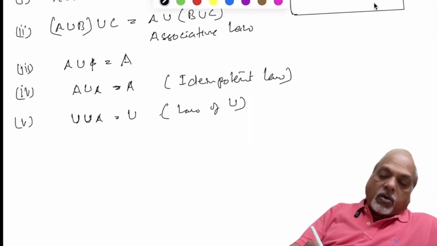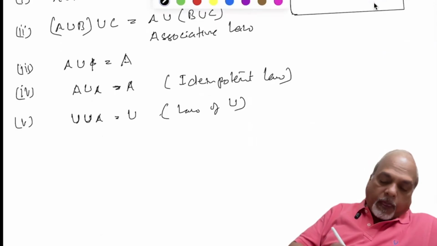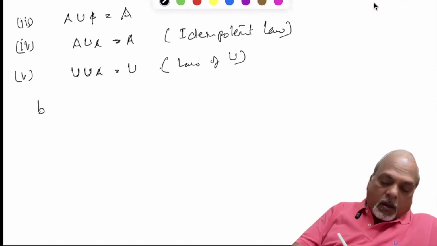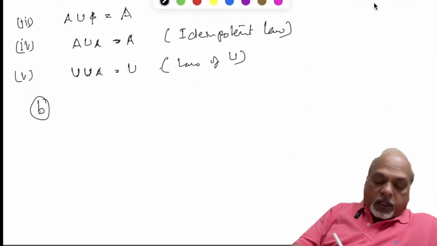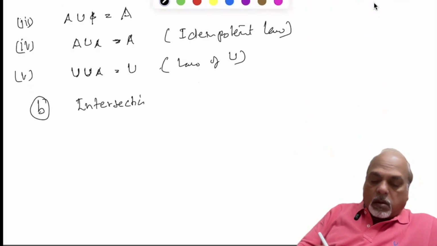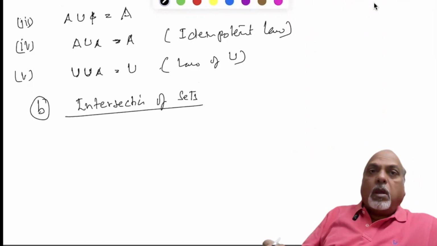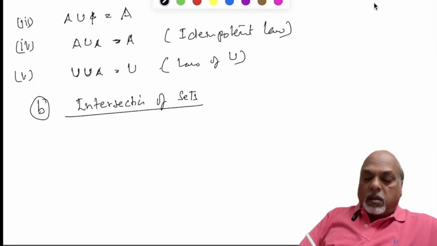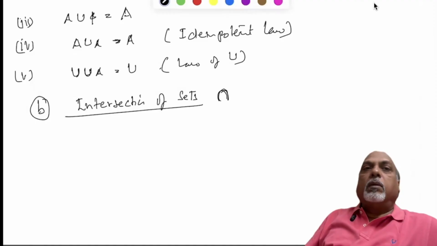Then let us go to another operation, the intersection of sets. Intersection of sets means what is common in them. It is denoted by an inverted U. Correct.